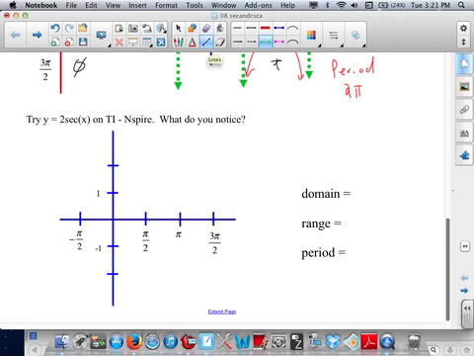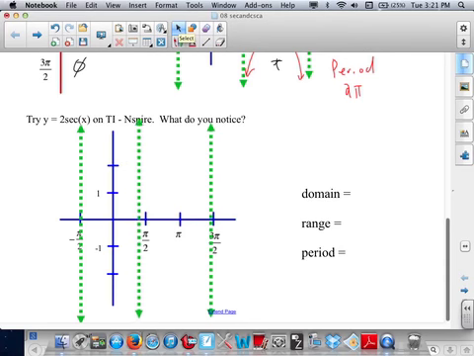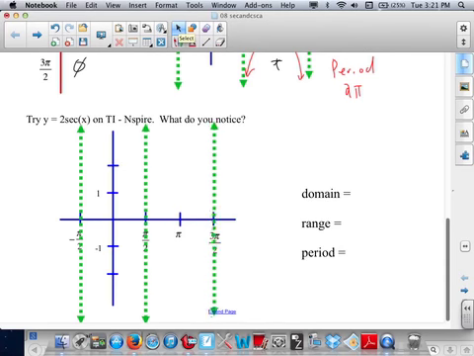Let's go ahead and put on our asymptotes. Those don't change. Negative pi over 2, pi over 2, and 3 pi over 2. So we still have those. So I can move that over.